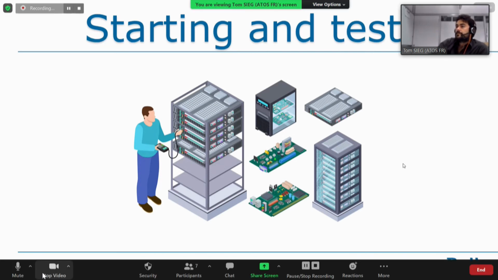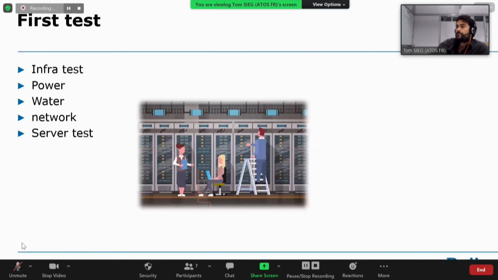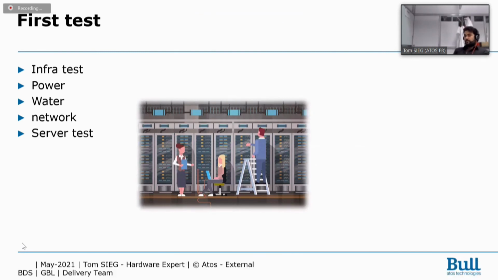Starting and tests. Your cluster is in place. You power it on, electricity, cooling, the network is ready. Now you have to test it. You have to double check the water and the power efficiency this time.